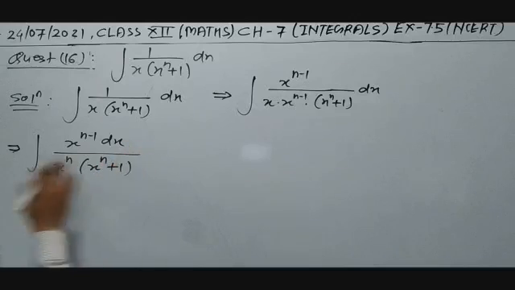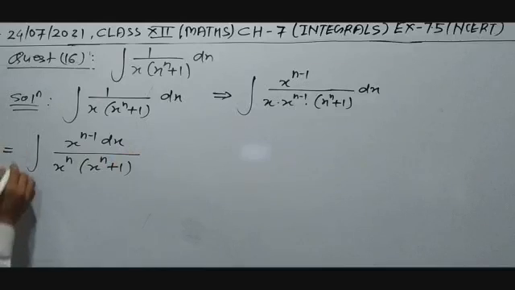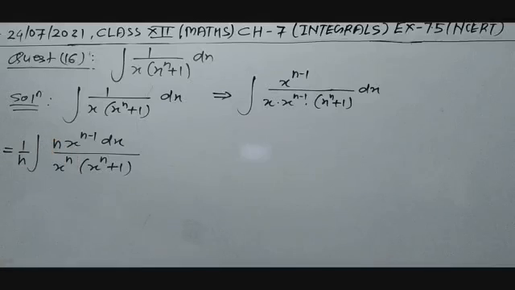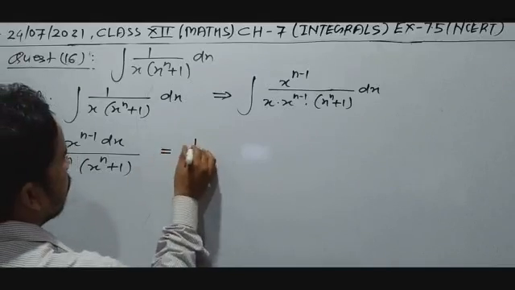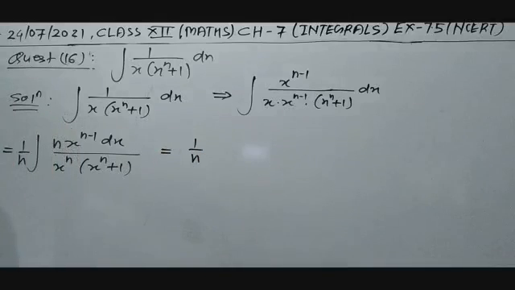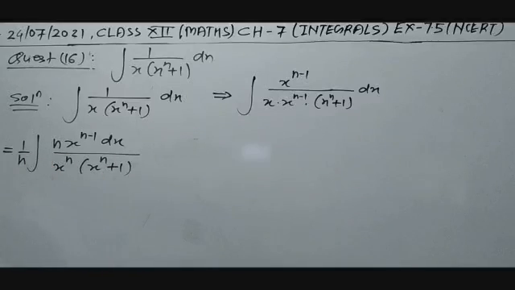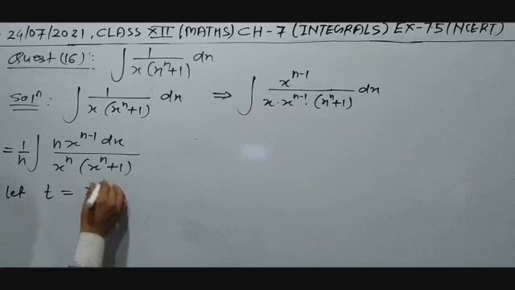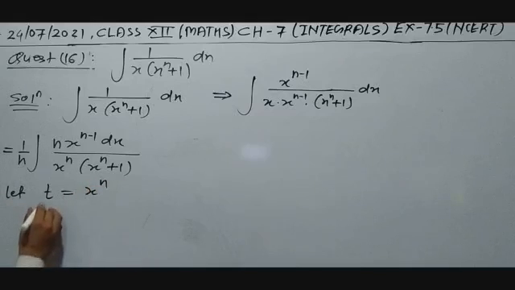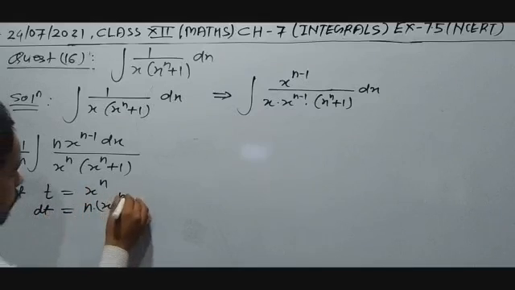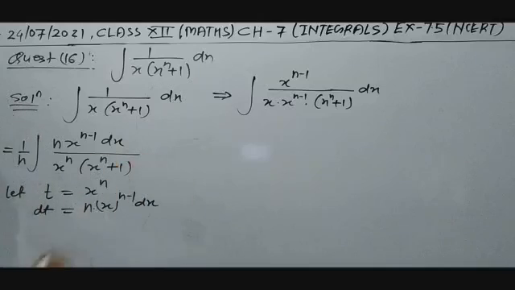Now suppose we rationalize by n, so n times, and its result will be 1 by n, and in this expression you can consider let t is equal to x to the power n, then dt is equal to n times x to the power n minus 1 dx.